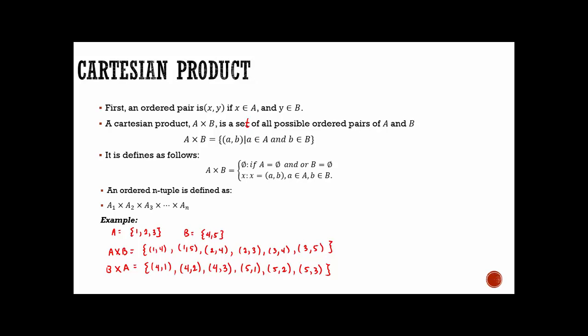So as you can see, the Cartesian product of A cross B is not equal to the Cartesian product of B cross A, because the location of the elements is not the same.